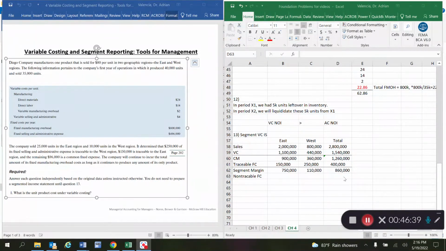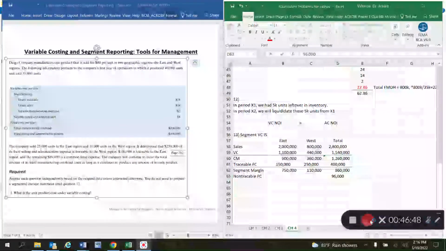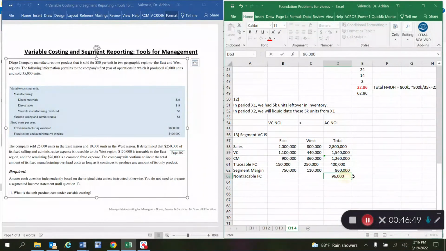So we have the 96,000 that remains of fixed cost right there, plus, don't forget the 800,000 of fixed manufacturing overhead.